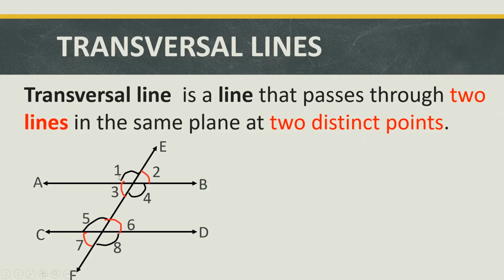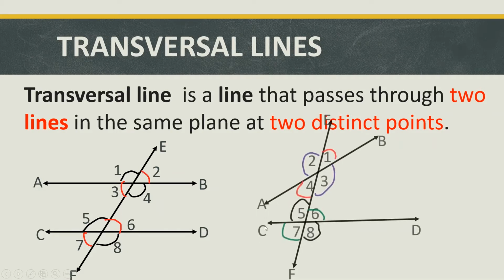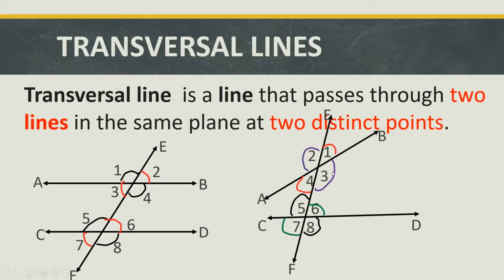When they pass, they will always form angles. In this figure, this line EF is a transversal line because this line passes through two lines, line AB and line CD.